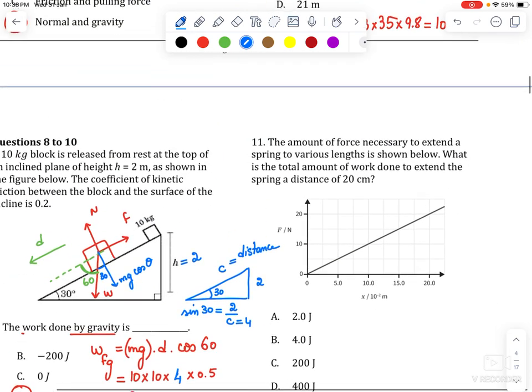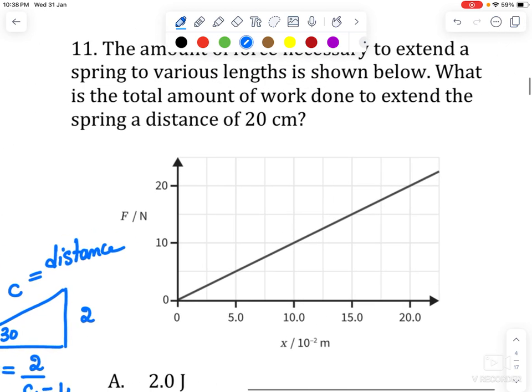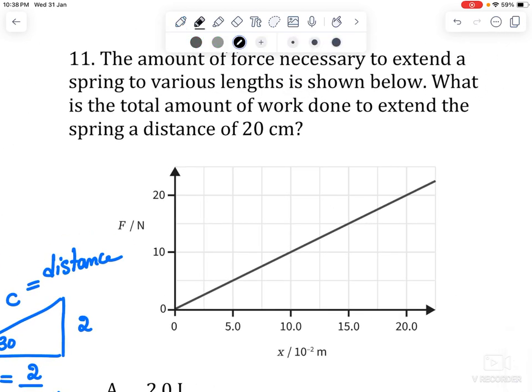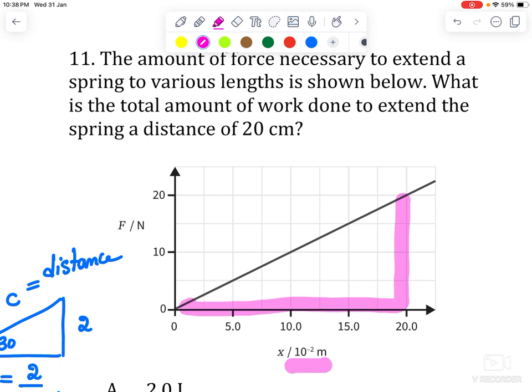Question number 11. Here we need to do a small correction for the answer key. The amount of force, I need to find it until 2 centimeters. So here I know that I have to find the area. Now let's find the area.